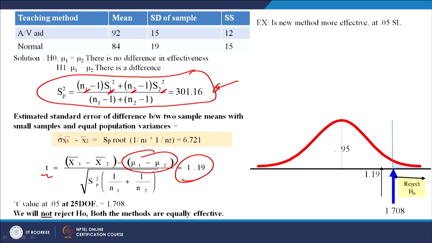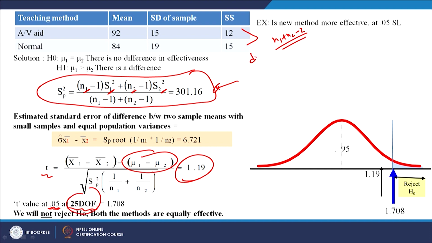So, the t value at 0.05 at 25 degrees of freedom. How come 25? This is n1 plus n2 minus 2, that is 27 minus 2, right. So, this is 25.